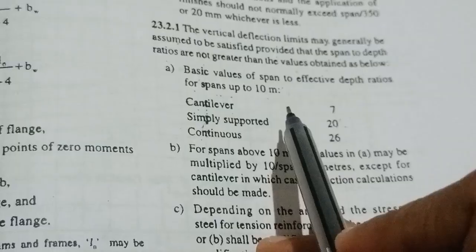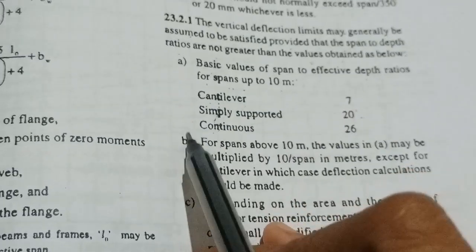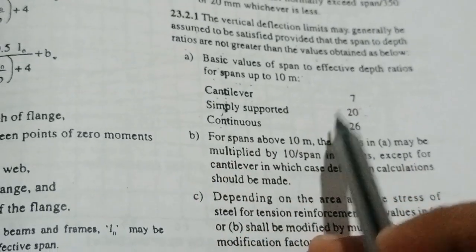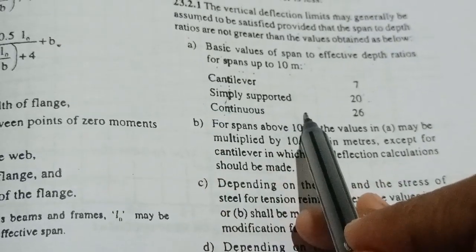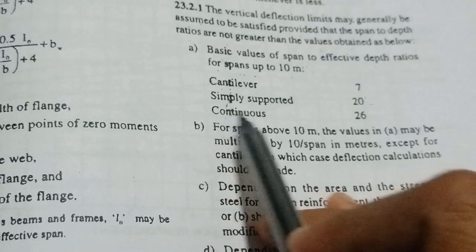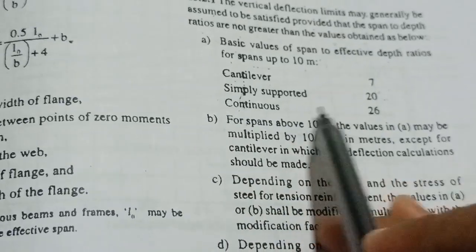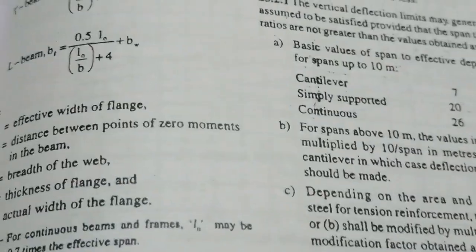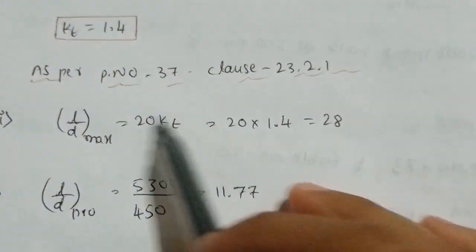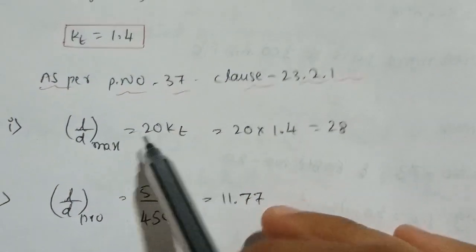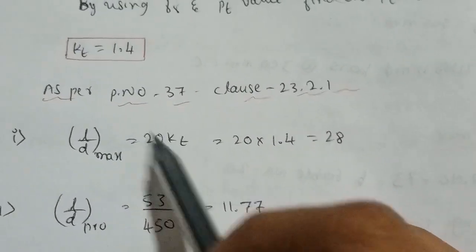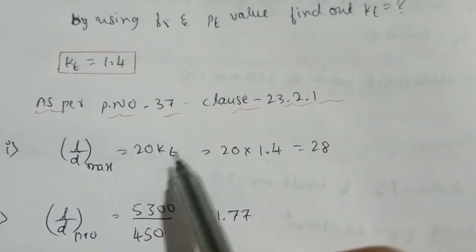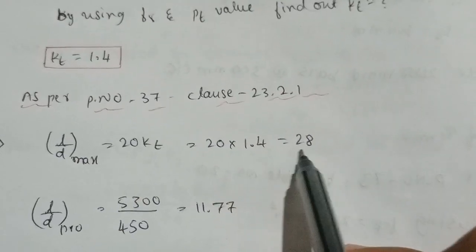Our L by D ratio should not be greater than the given value. We are calculating a simply supported beam, so the L by D ratio should not be greater than 20. So L by D max is equal to 20 into KT, the modification factor. After simplifying, we'll get 28.